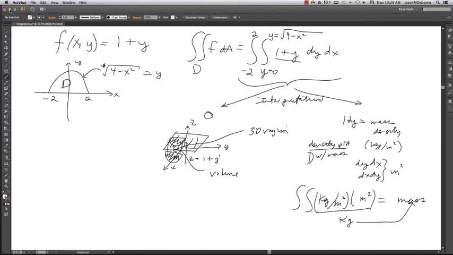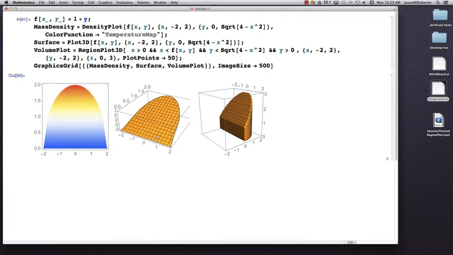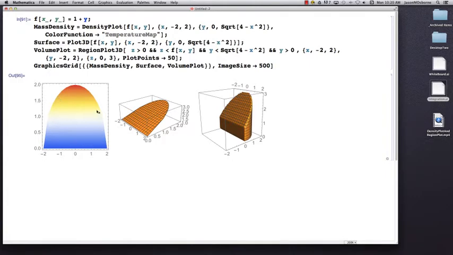We went through showing the different plots in Mathematica, how to interpret this function. Instead of as a 3D volume, we interpreted this function as a density function.